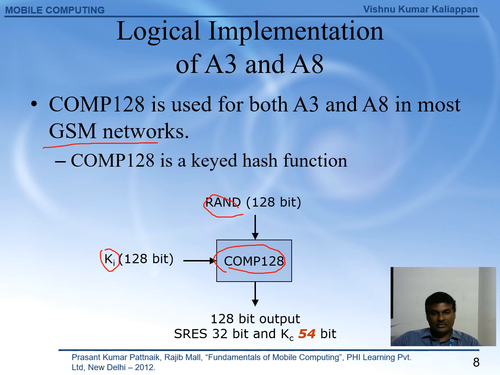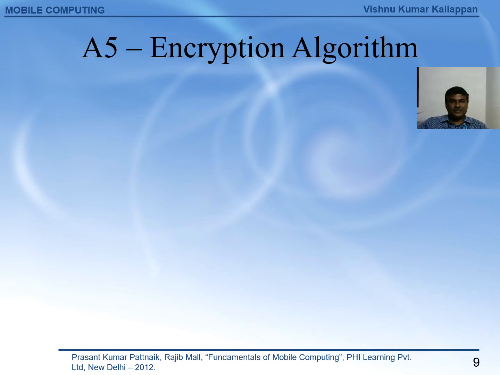With the help of this, the KC is generated as a package. Before, we saw A3 and A8 individually a couple of slides back, but inside the SIM you have a COMP128 module, which consists of both the A3 and A8 algorithms, and which directly generates the key KC.